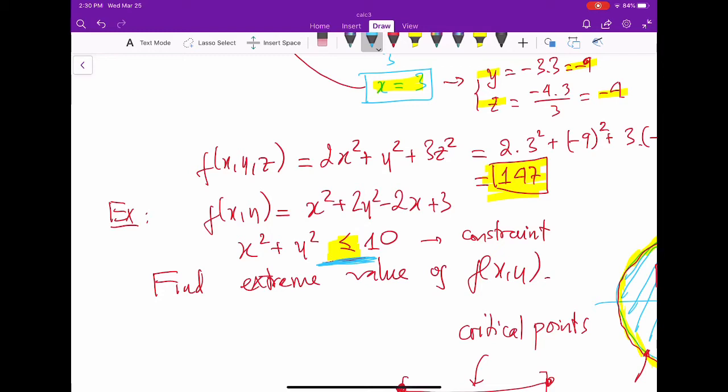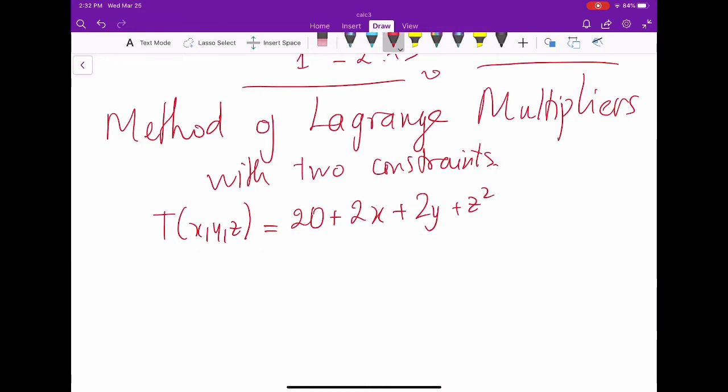All right, so I think we already have 2 problems with functions of 2 and 3 variables. One is with just Lagrange multipliers. Another one is global extrema. Now let's move to the method of Lagrange multipliers with 2 constraints. Let's consider the function T(x, y, z) equal to 20 plus 2x plus 2y plus z squared. And x, y, and z satisfy the following constraints.